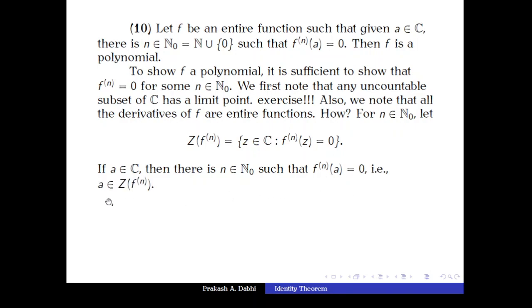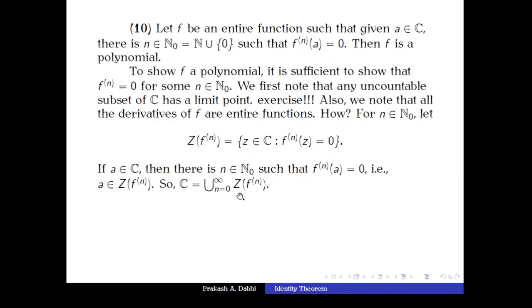What does that mean? This a is an element of Z(f^(n)), and that means C is nothing but the union of all these Z(f^(n)). How? Again, one way is obvious: the union of all these sets is a subset of C. Now we have taken any a in C and shown that a is in at least one of these sets, and therefore C equals the union of all these sets.